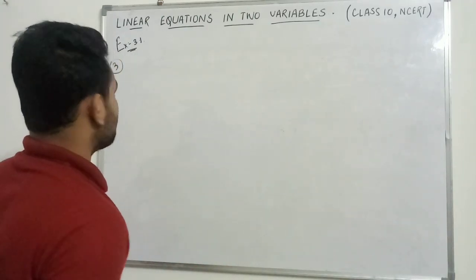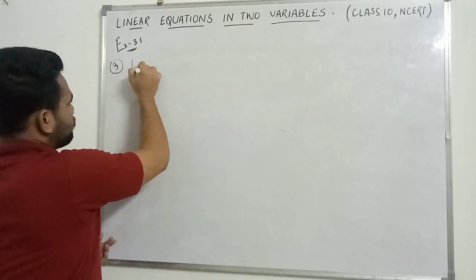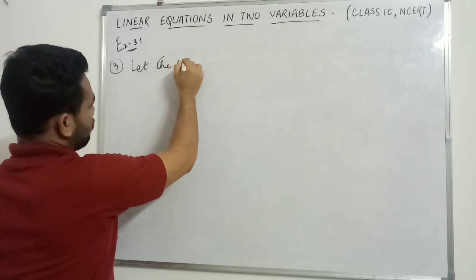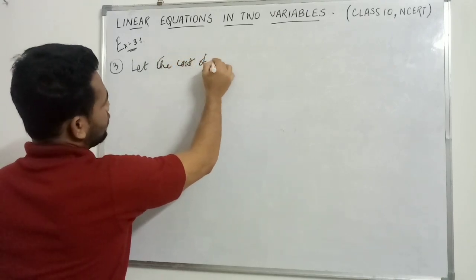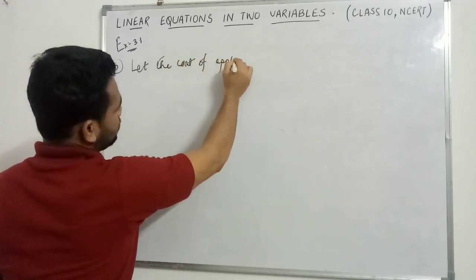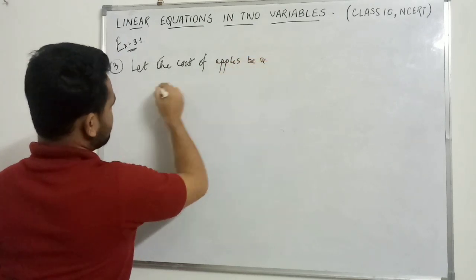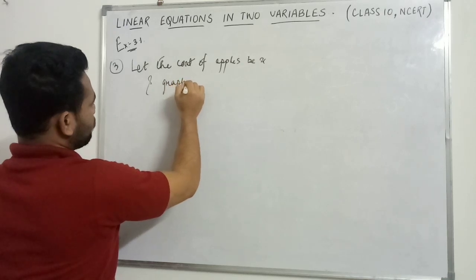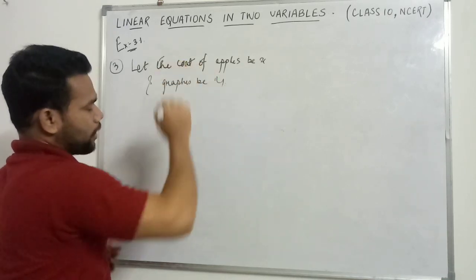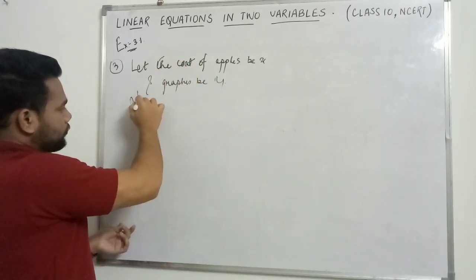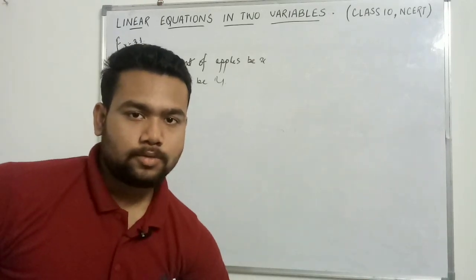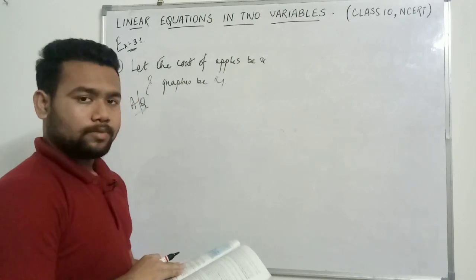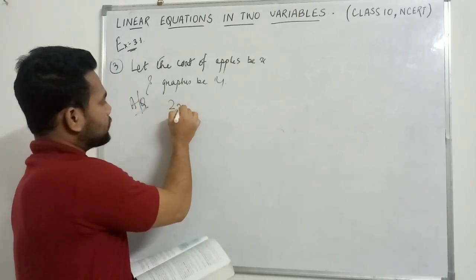Again, like the previous one, let the cost of apples be x and grapes be y. So according to the question, what has been given? Let's check it out. It is given that 2 kg of apples means 2x.